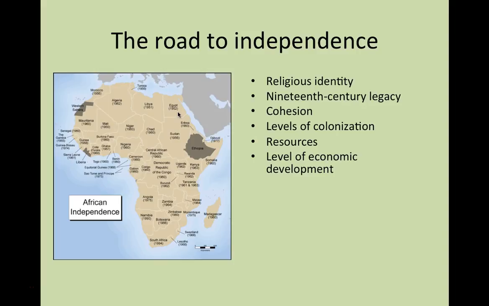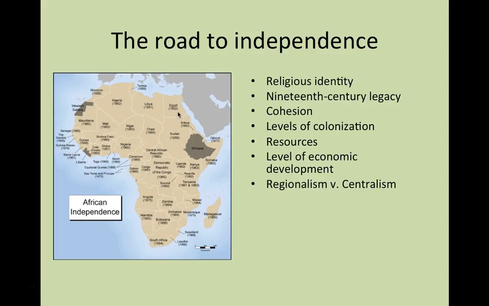Other places that had almost no economic development, apart from what was necessary to extract resources to benefit Europeans, had a difficult time because their nations were really behind the game once they gained independence.